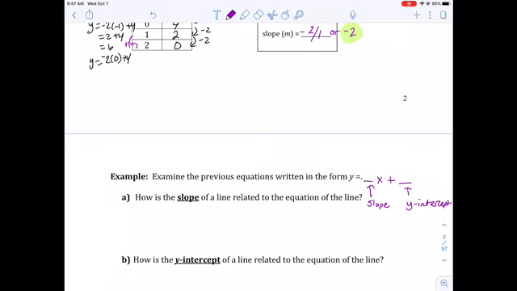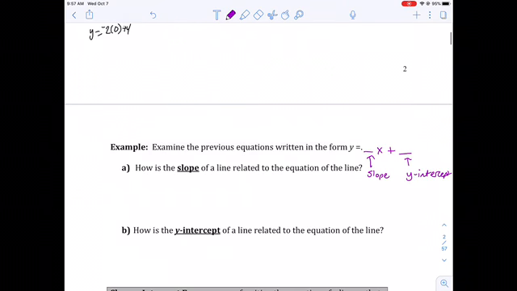What we say in math is we call this y equals mx plus b form, where m is our slope and b is our y-intercept.